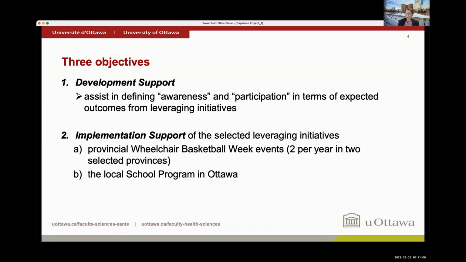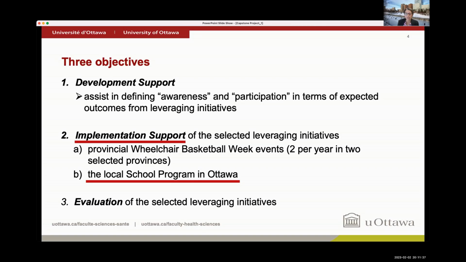So that is implementation. And then finally, evaluation. Did what we do help to increase awareness or increase participation? That's the evaluation. Now, this is a lot of information, a lot of objectives of a large project. But what I'm looking for specifically when I'm talking to you is help from undergraduate students with the implementation phase around the local school program.